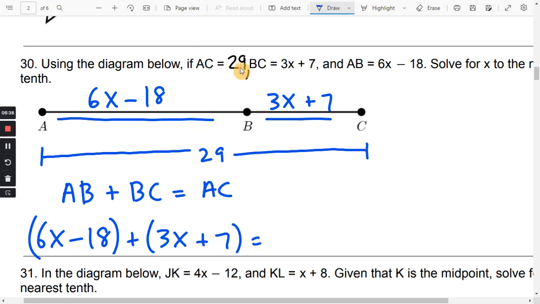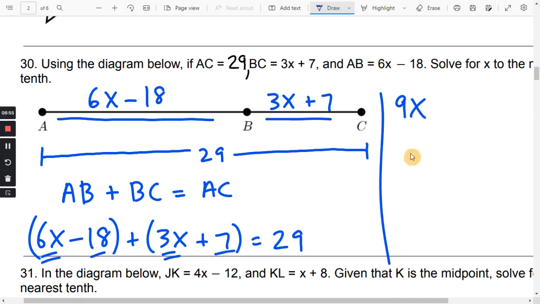AC is 29. It's in the problem. Combining like terms, we're just adding here. We have 6x plus 3x, so that's going to give us a 9x. And then the constant term, negative 18 and positive 7 is negative 11. And that equals 29.